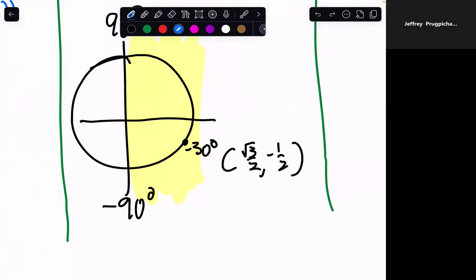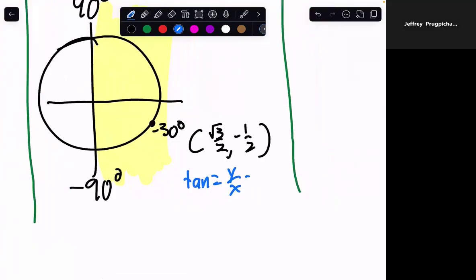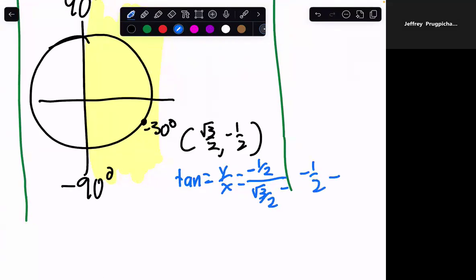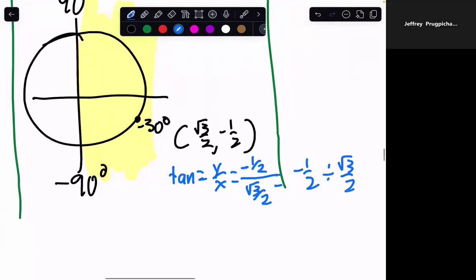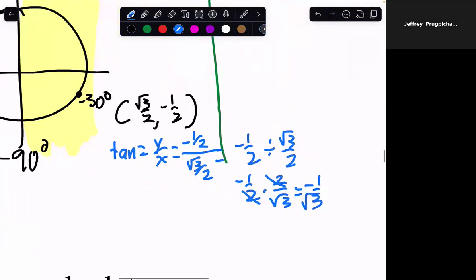Now, is this the correct tangent value? Tangent is y over x, or sine over cosine. So negative 1/2 divided by radical 3/2. You could write that sideways, and then multiply by the reciprocal, canceling out the 2's, and then rationalizing it.